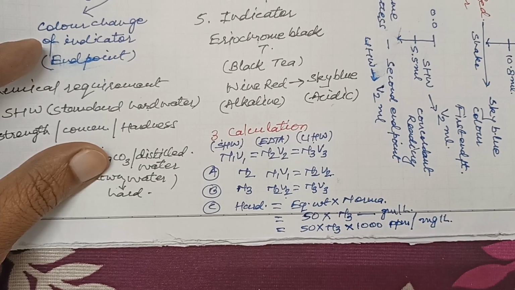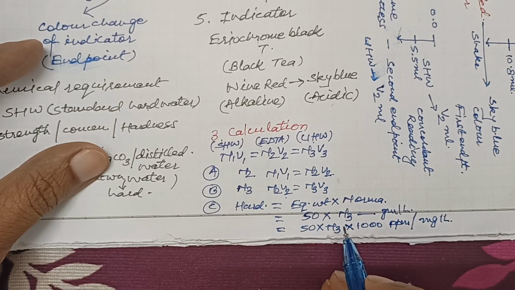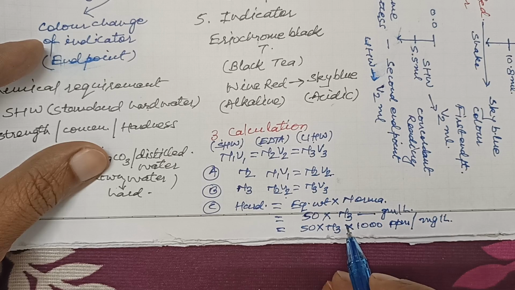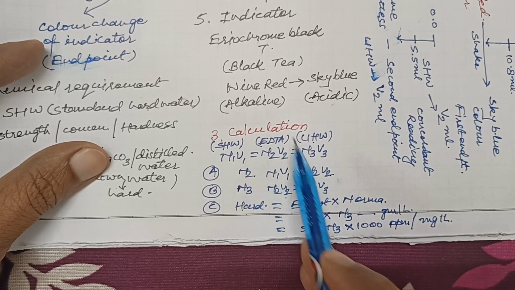So this is all about the determination of hardness of water in the laboratory. It is done by a particular titration which is called complexometric EDTA titration. In my another video lecture, I have discussed the chemical reactions involved in this particular titration.